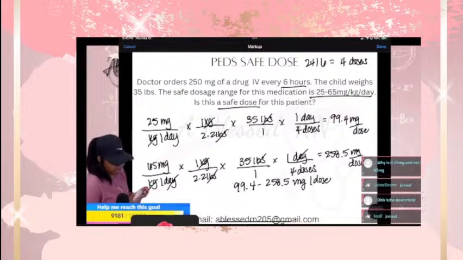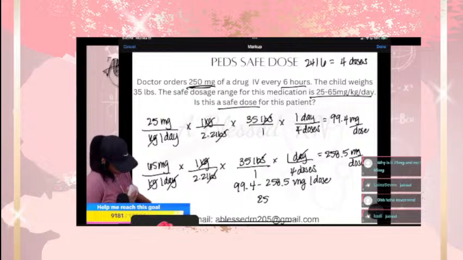So let's look back at our order now. Our order is for 250 milligrams. That's 1 dose every 6 hours. So is 250 milligrams a safe dose?